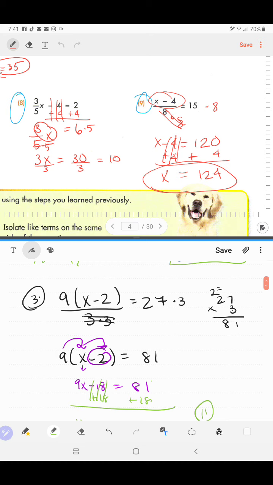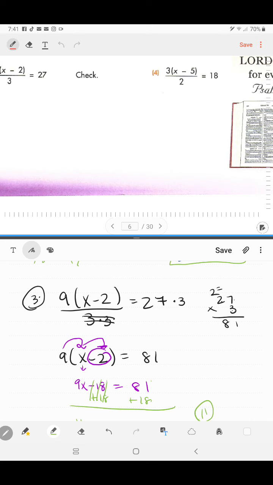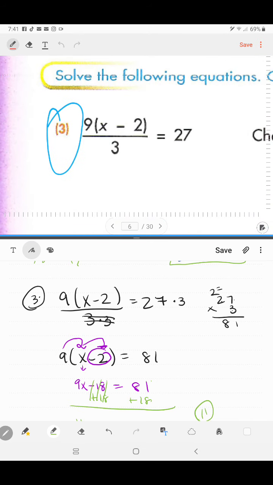Okay, so again, I'll go back and do it over here. First step was multiply 3 to eliminate it. 9, parenthesis x minus 2 comes down, equals 81. Distribute. 9 times x is 9x. 9 times negative 2 is negative 18.